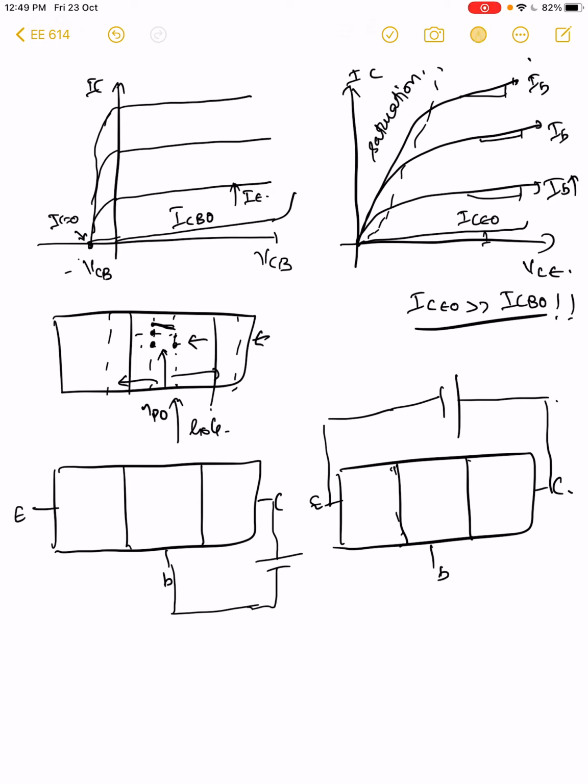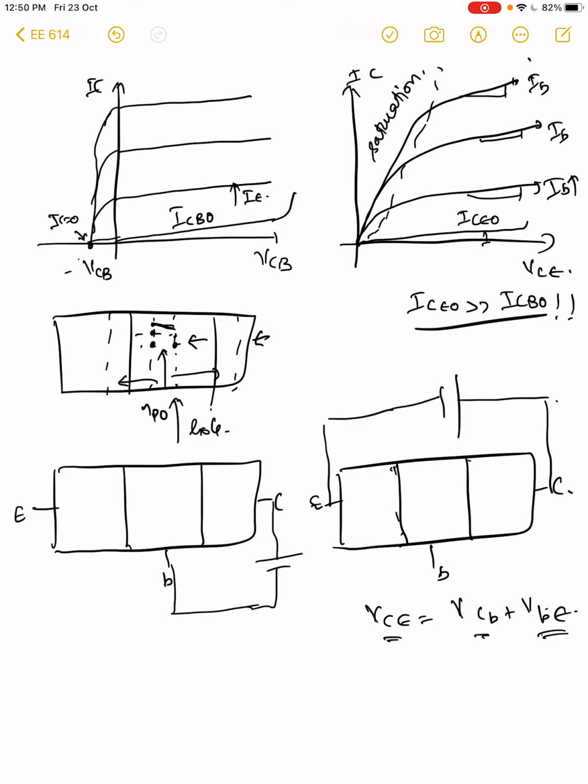So you can see that in the common emitter, the collector emitter potential is a summation of VCB plus VBE. So any increase in the collector potential also increases the base emitter potential, which will reduce the collector base potential, and hence you need to provide more and more collector emitter potential for an increase in the current.